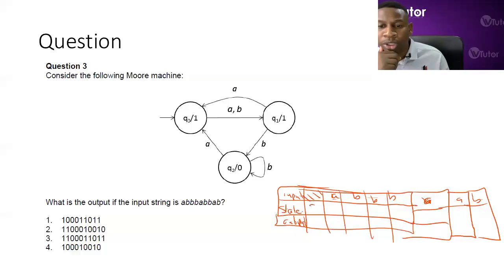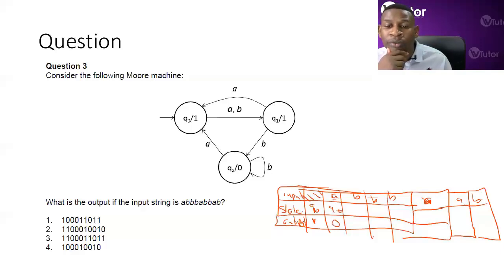So it starts at Q0. Then the output is 1. Then you go to 0. Q0, and you encounter A. And A, you go to Q2.